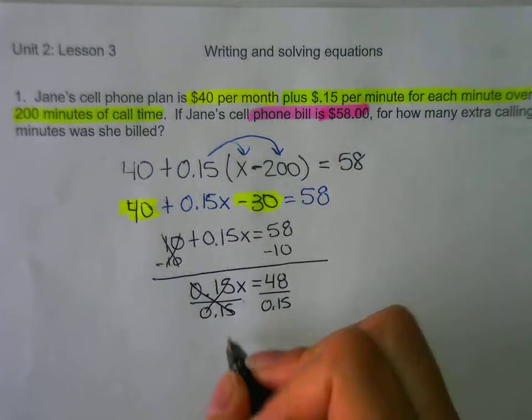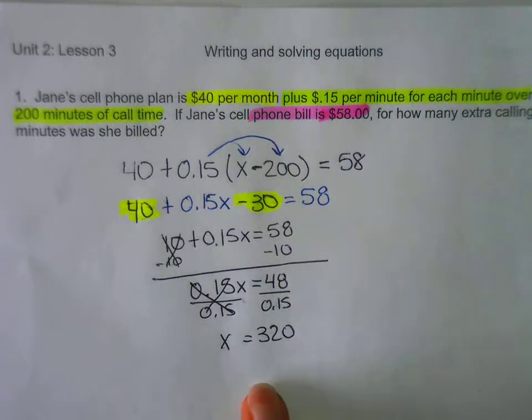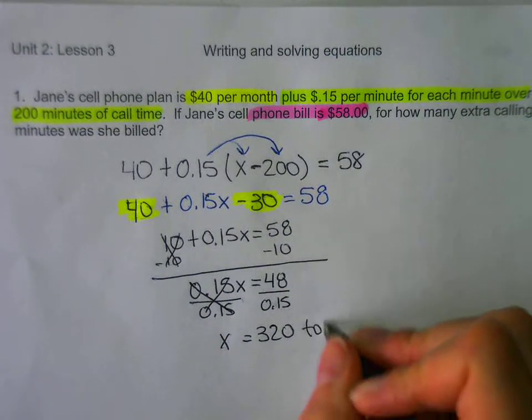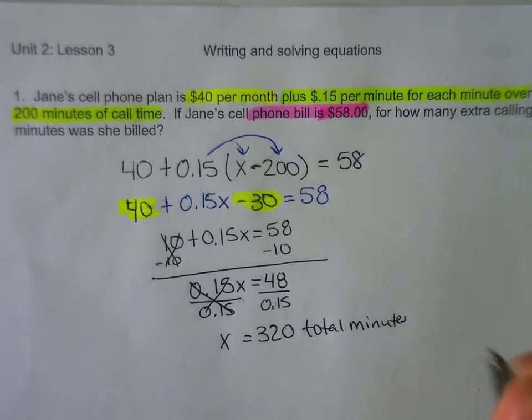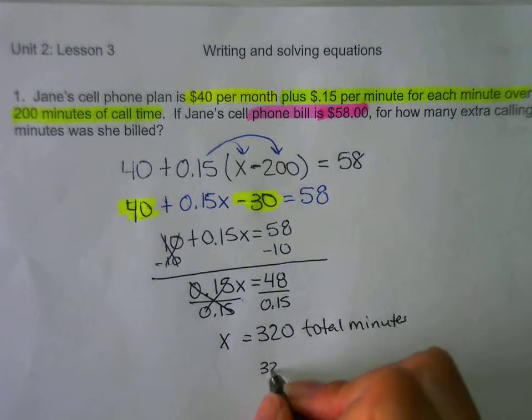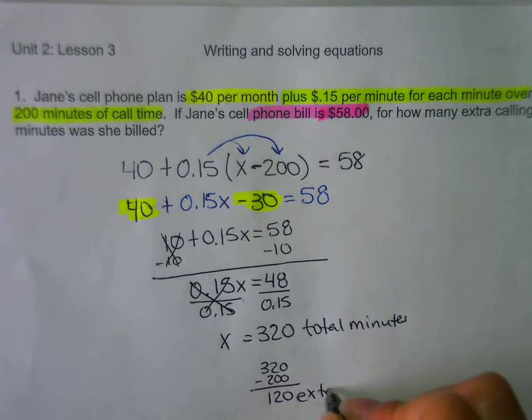So x is going to equal 320, but we were trying to identify how many extra minutes she was billed for. So this was the total number of minutes that she talked on the phone. But remember, she's not being charged for 200 of them. So if I take that 320 and subtract the 200 she's allowed, she talked for 120 extra minutes that month.